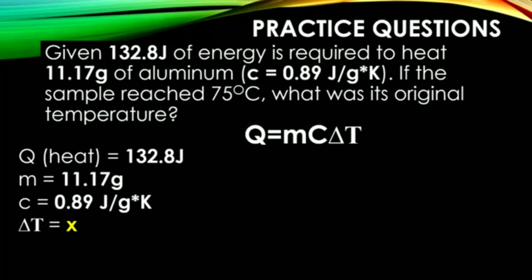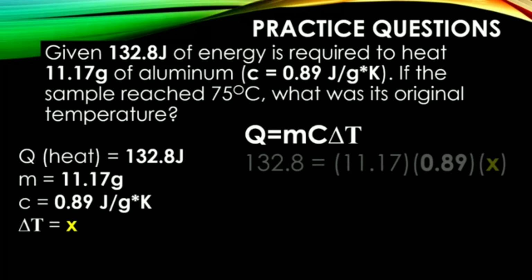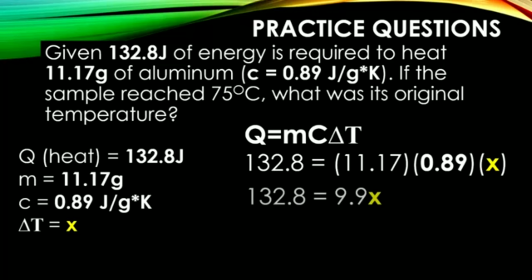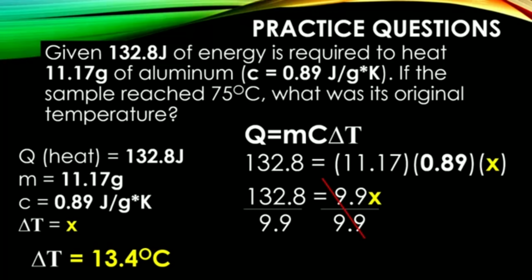Now we're ready to substitute. It is important to remember that delta T is not the same thing as original temperature. We'll get to that at the end. So first we'll substitute and then we'll solve. Our answer now tells us the change in temperature, but we are not looking for the change in temperature.